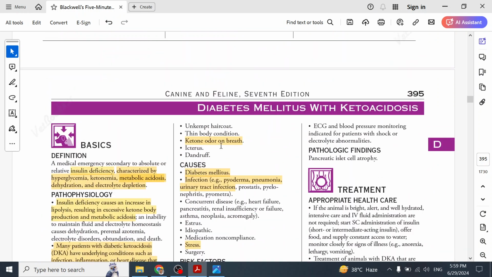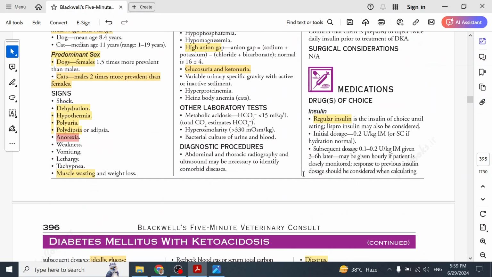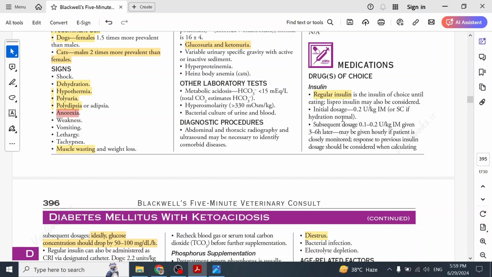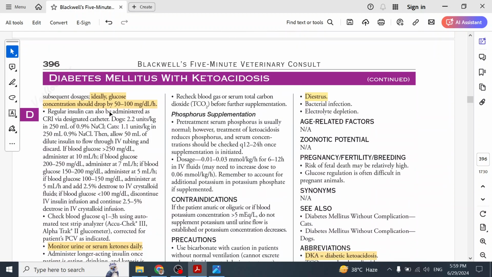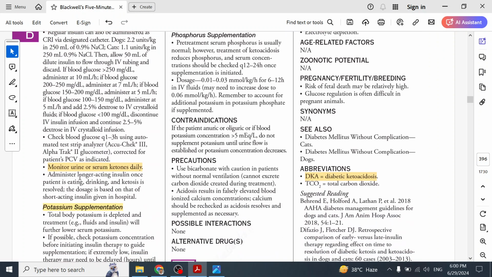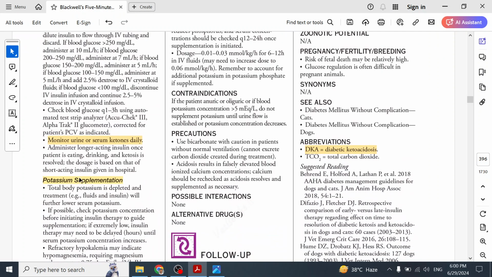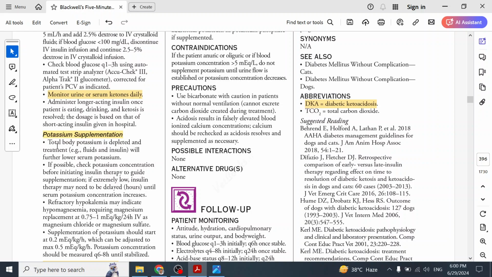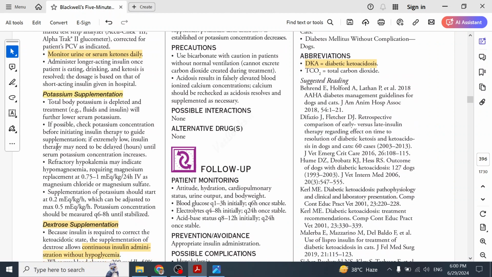So the next thing is the drug of choice, which is regular insulin, maybe subcutaneous. Then glucose concentration monitoring, IV fluid therapy, and serum ketones daily. Potassium supplementation is also recommended because hypokalemia occurs.